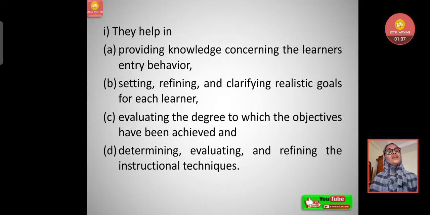Now they help in providing knowledge concerning the learner's entry behavior. Obviously, if you want to understand about the entry behavior of the student, we can have some tests. Now, setting, refining and clarifying realistic goals for each learner, and evaluating the degree to which the objectives have been achieved.